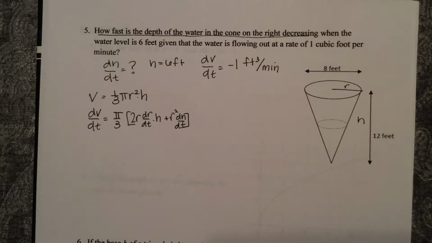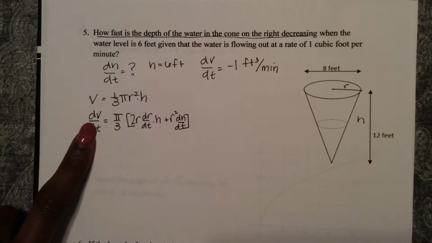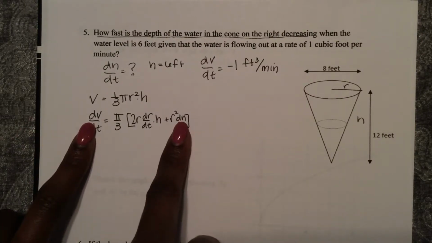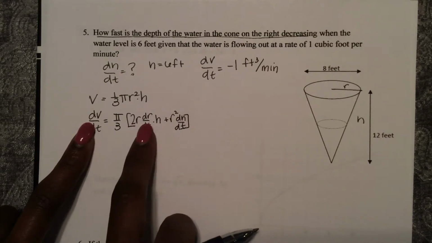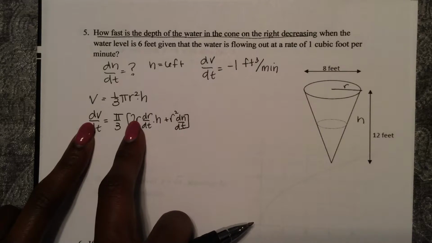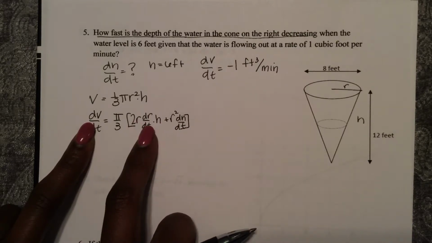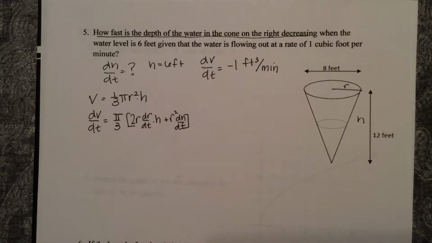So now I can plug in what I know and solve for what I'm looking for. Well, I know dV/dt and I'm looking for dH/dt. I know h, but I don't know what r is and I don't know what dr/dt is. So this is getting a little confusing.